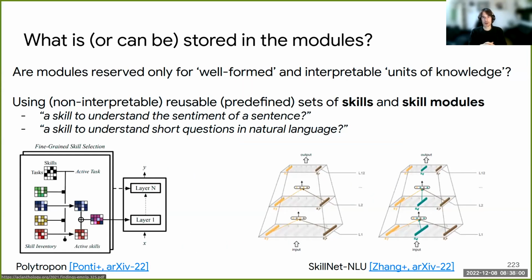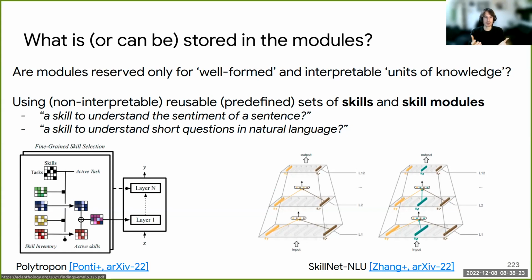And very recent work also goes beyond well-formed interpretable units of knowledge like language, domains and tasks into an inventory of so-called skills, which then need to be combined in order to solve a particular task. So this is all very fresh, very, very new.